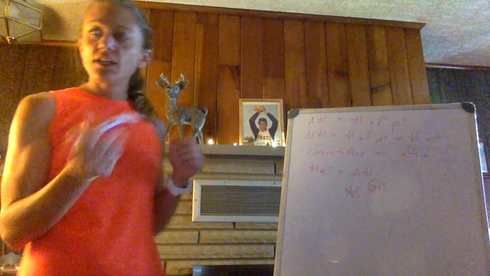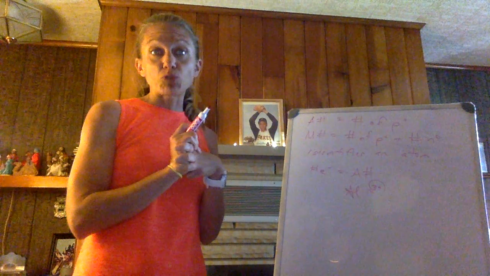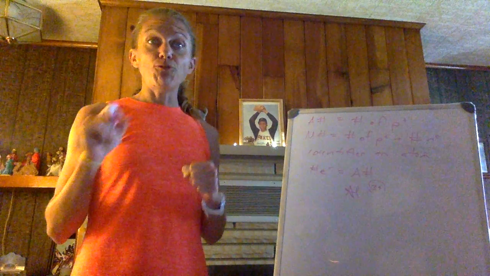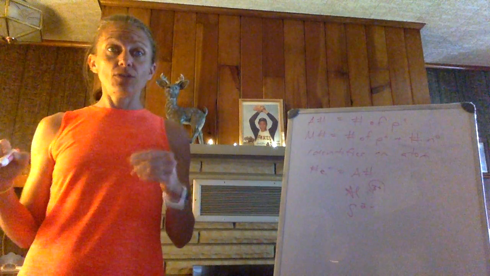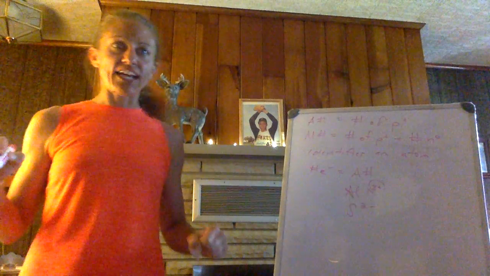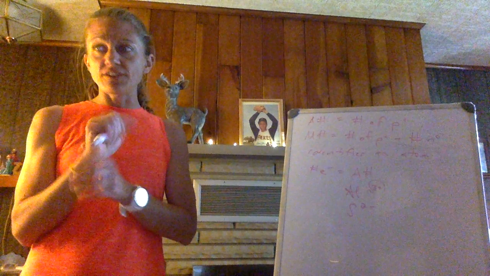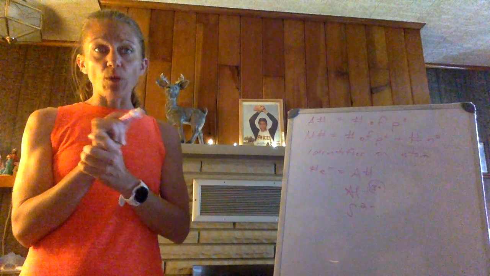So starting from my atomic number, for cations, I'm going to subtract 1 electron per positive. And for anions, like sulfur with a 2 minus charge, I'm going to add 1 electron per negative. There you go.